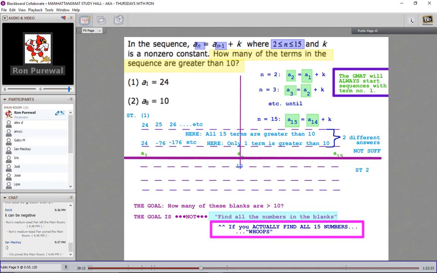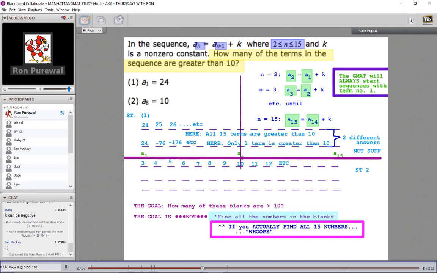There's a 10 right there. One way you can make this sequence go is, like we did the first time, you just add 1 every time. So 11, 12, etc. over here. And then this would be 9, 8, 7, 6, 5, 4, 3.